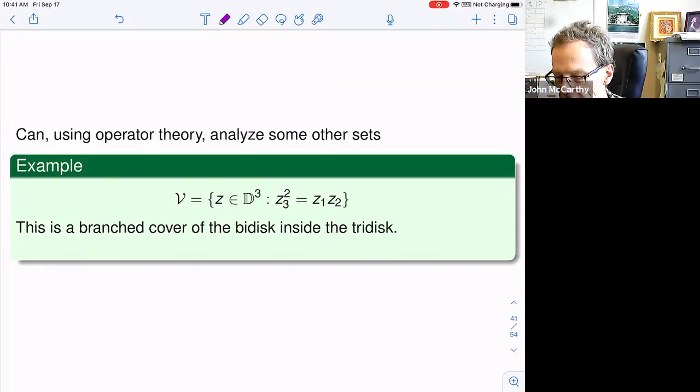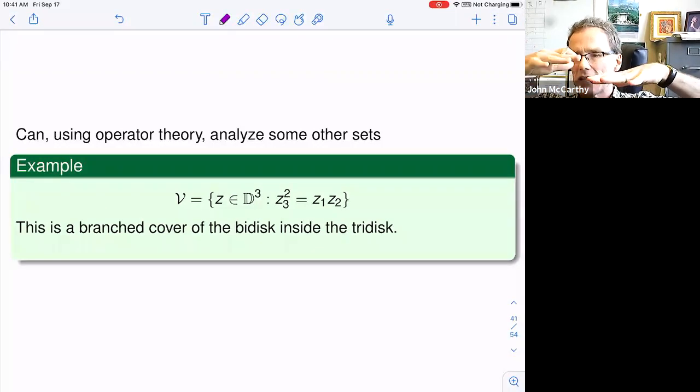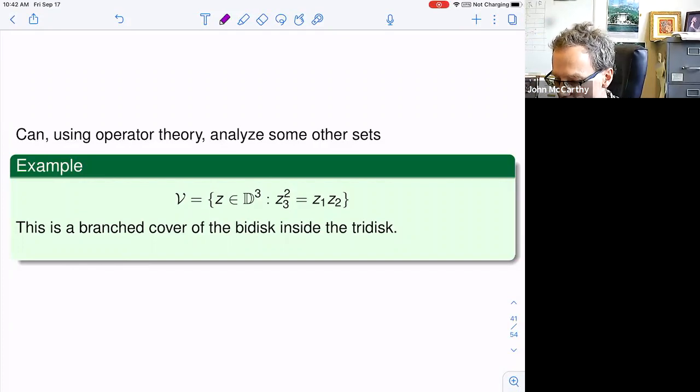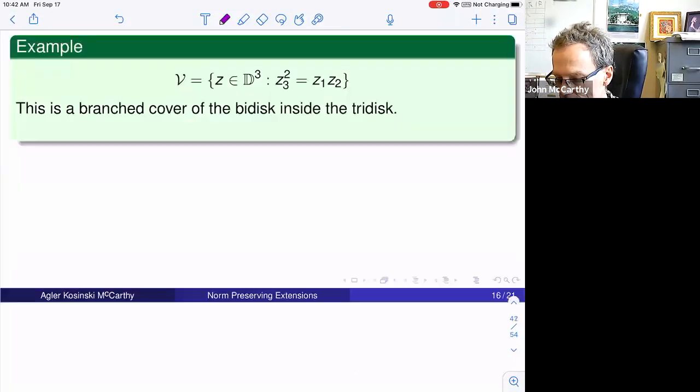There's a branched cover of the bidisk inside the tri-disk. If you think of Z1, Z2 as kind of the basis, then you have two copies of that inside the tri-disk, branched at the origin.